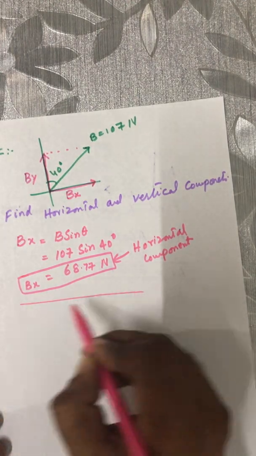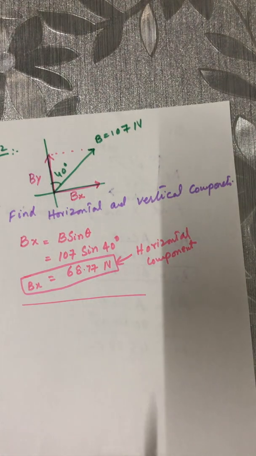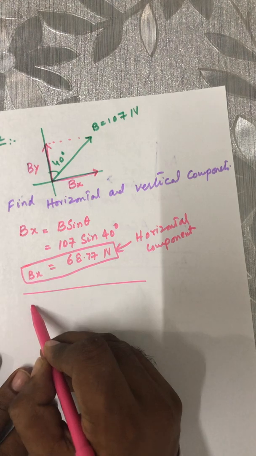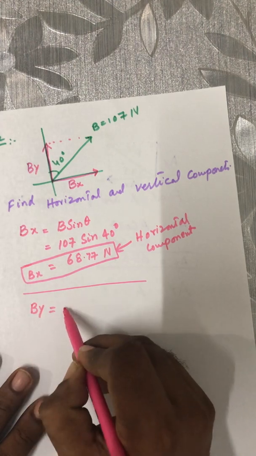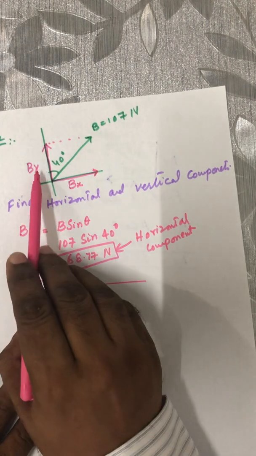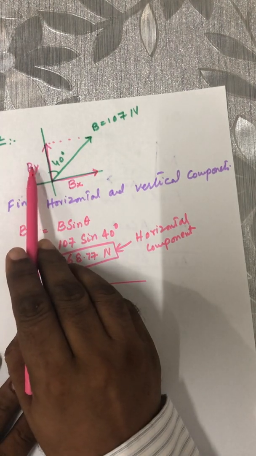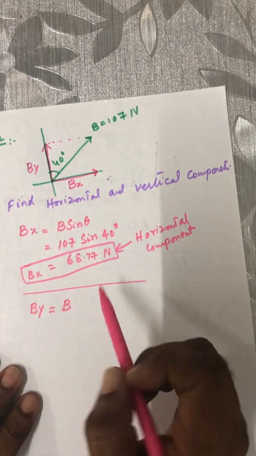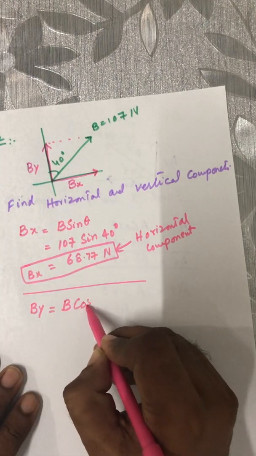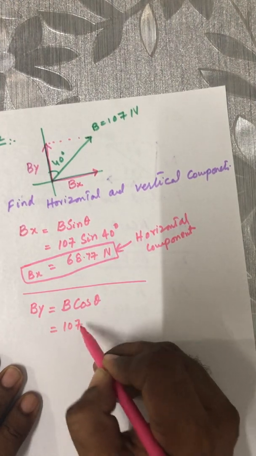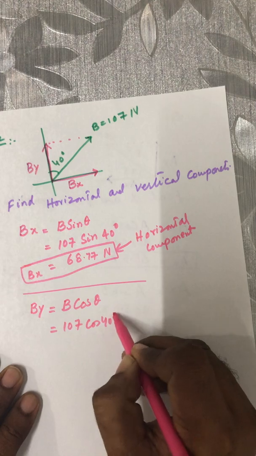Now in the second part, we have to find its vertical component, and the vertical component is By. So By will be equal to the vector B multiplied by cosine theta, because the y component of the vector is adjacent to the angle. B is 107, and cosine 40 degrees.